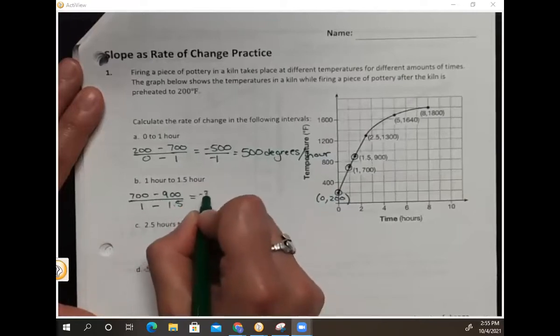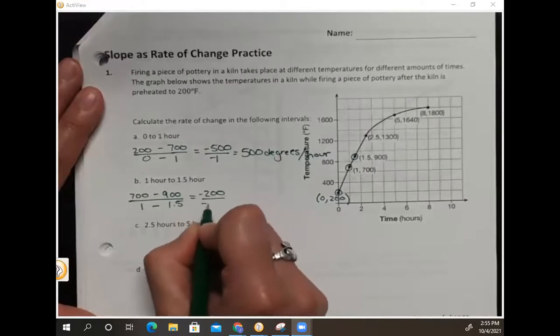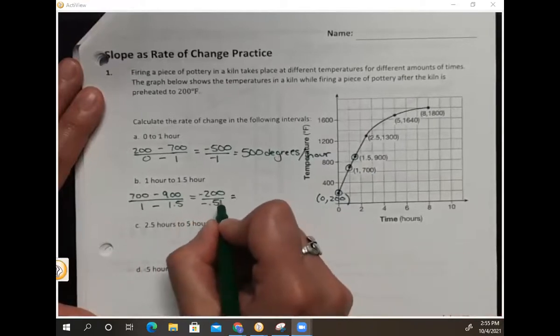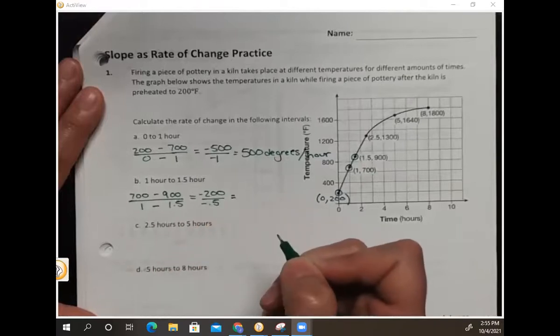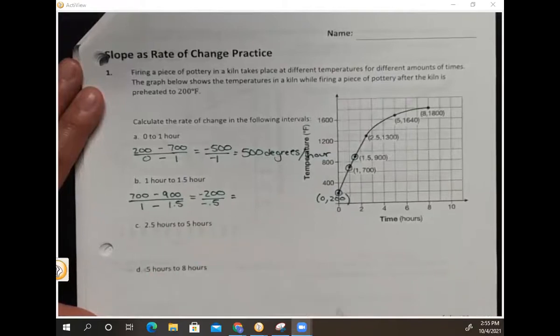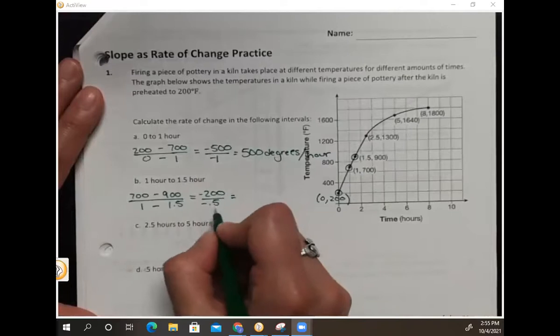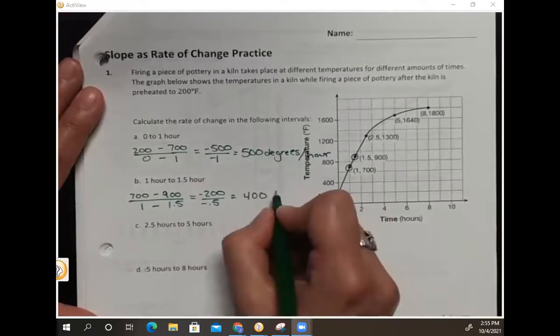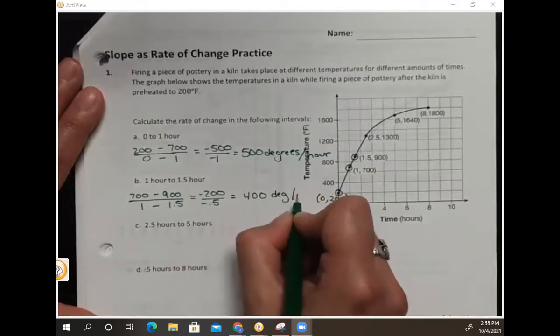So this would give me negative 200 over negative 0.5 or negative 1/2 if you prefer. And then again, you can throw this in your calculator for some of these. That's fine. I wouldn't expect you to be able to do some of the crazier numbers you're going to see. So negative 200 divided by negative 0.5 gives us 400. And again, our label is degrees per hour.